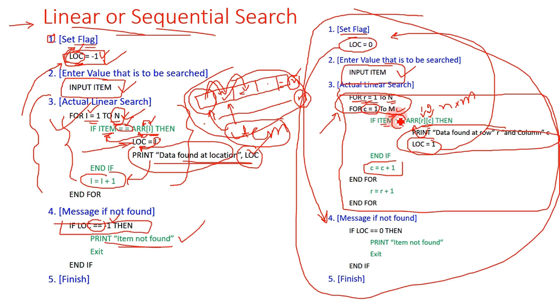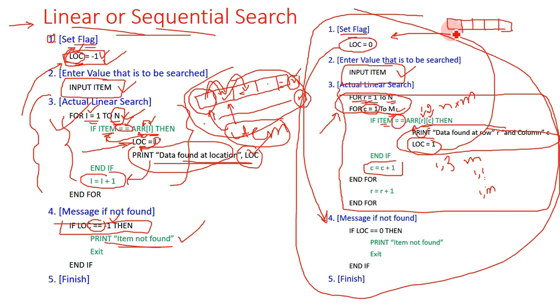If the item is found, a message will be displayed, but if not, the column value will be incremented and the first row and third column value will be compared with the item, and this process will continue till the mth column. So it checks whether the item exists in the first row, first column, second column, third column, up to the mth column.